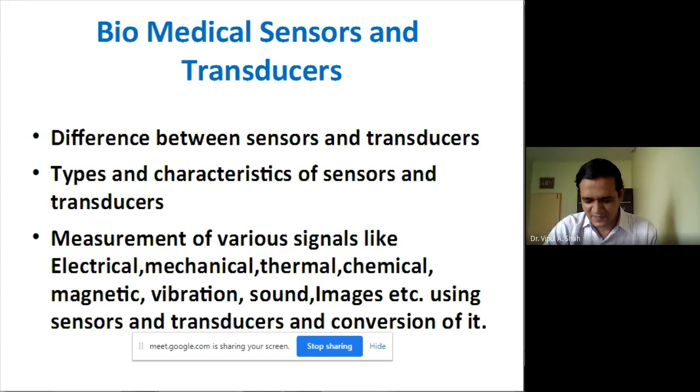Multiple parameters are there which we have to monitor in our human body. Then we have to sense them. We have to acquire those signals from various body structures or organs, and then we have to convert them into a form which we can read and treat a patient accordingly.